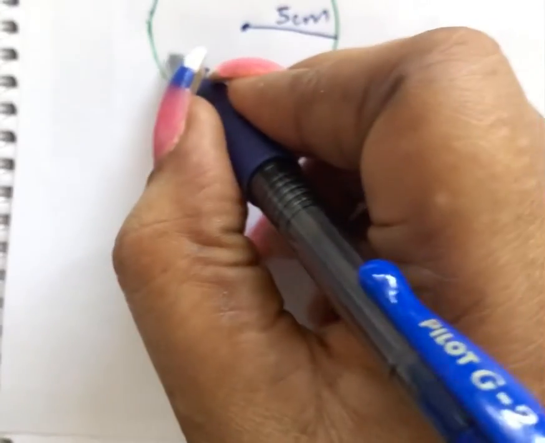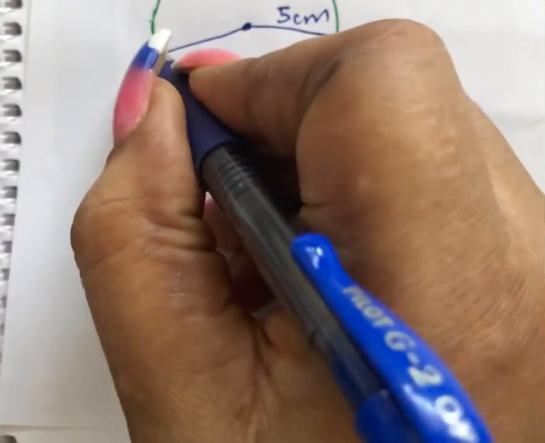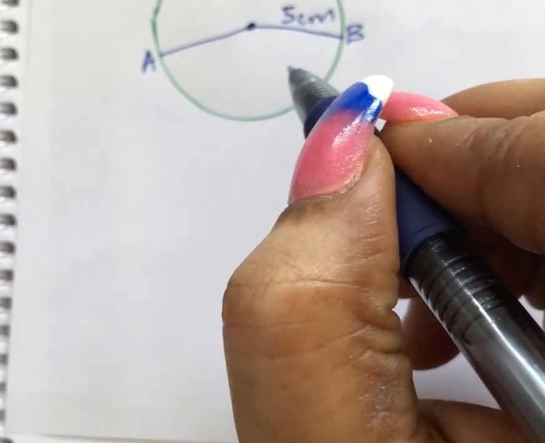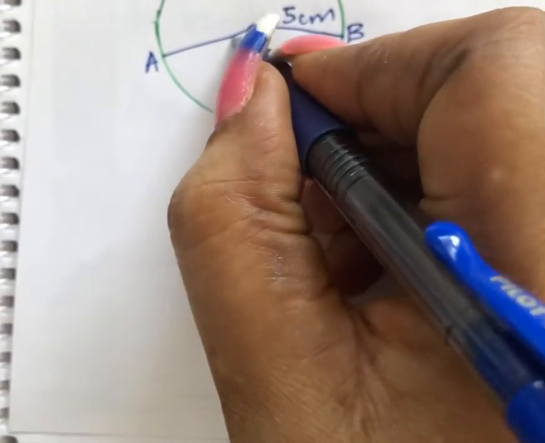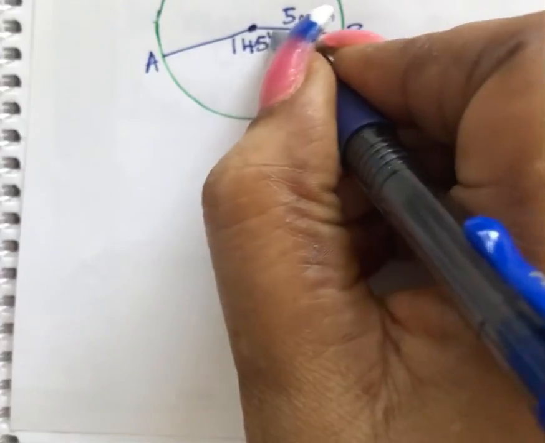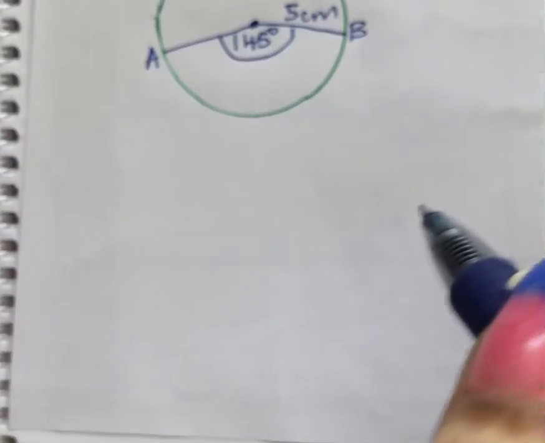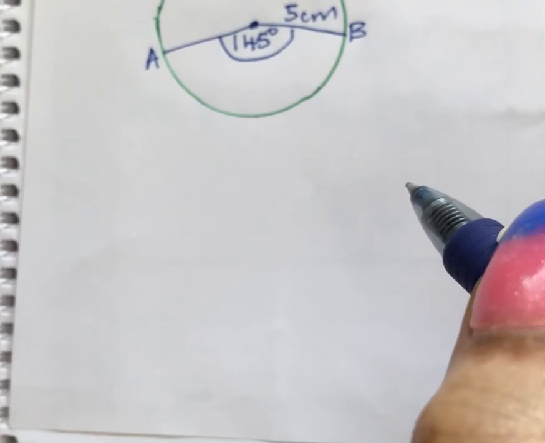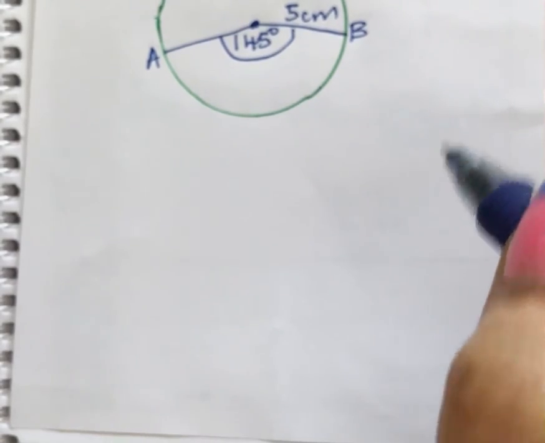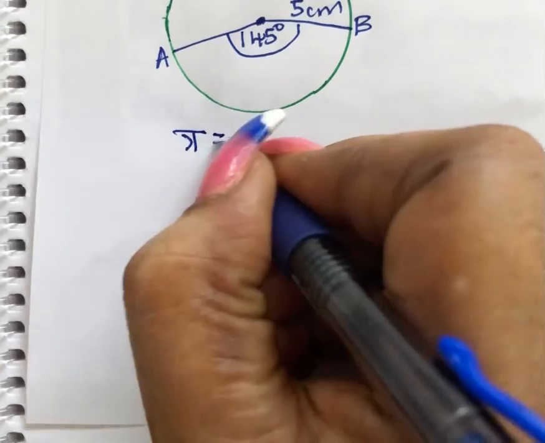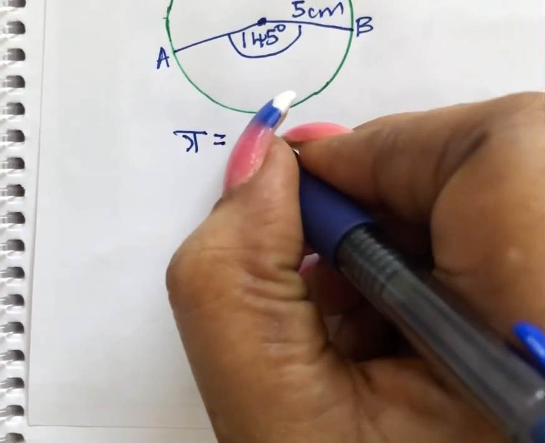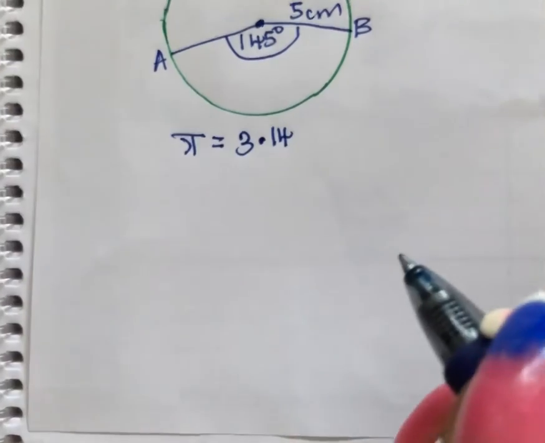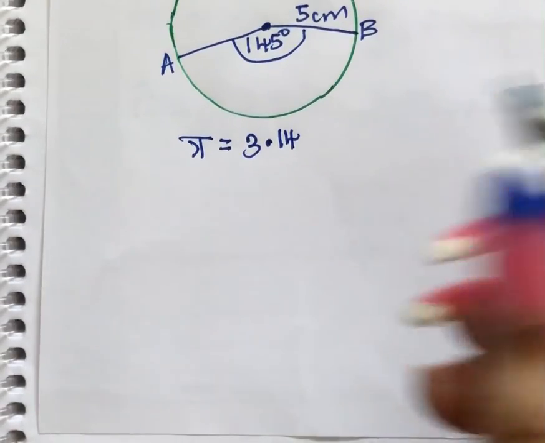Again, they used A and B. In this case, the angle is 145 degrees. And we are asked to find the arc length of AB using pi to be equal to 3.14.